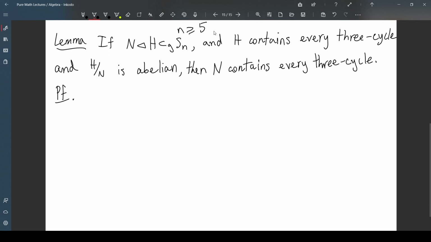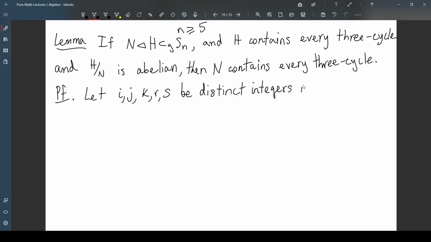Okay? And to that avail, let i, j, k, r, and s be distinct integers in the set from 1 to n, right? So this set contains at least 5 distinct integers, so we can choose 5 distinct integers.